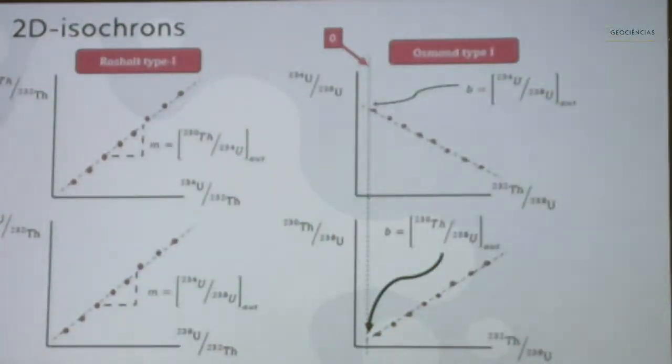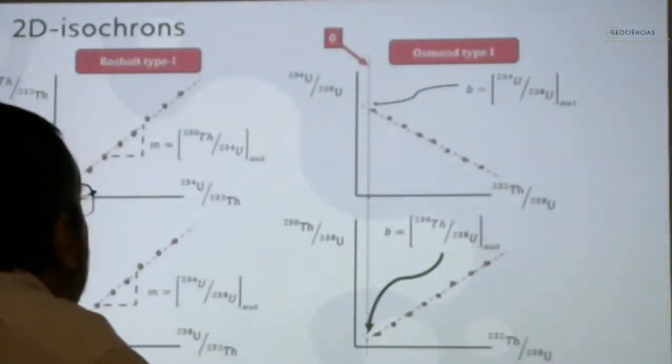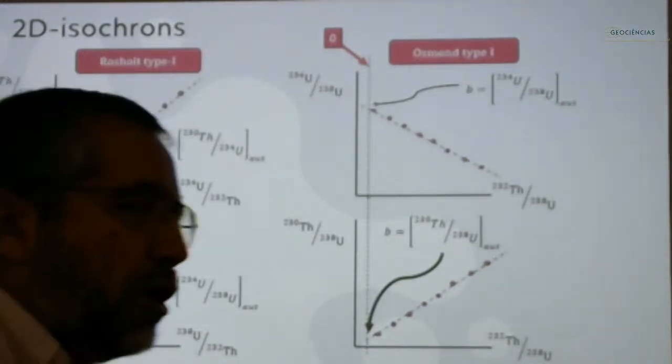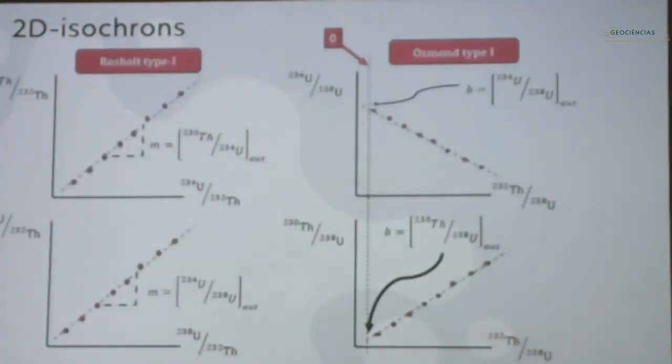And then on the Osmond type, we can do it the same way. In the spreadsheet in the files that I sent you, there is a spreadsheet with the same data, ready to be plotted in either Rosholt or Osmond isochrons. In Osmond isochrons, from the intersection with zero, we can get the isotopic composition of the authigenic phase.